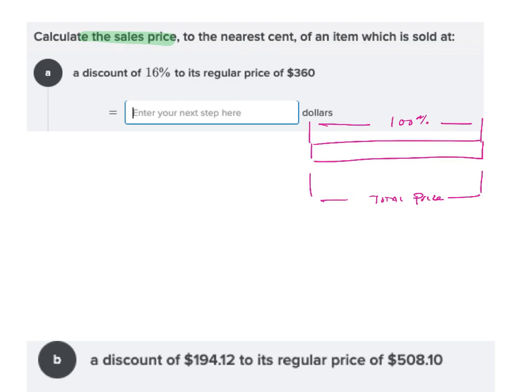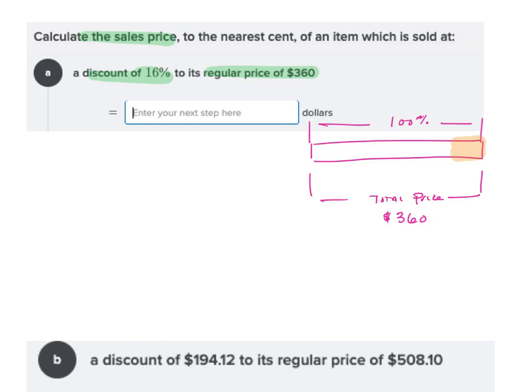And they say that we get a discount of 16%. And the regular price is $360. So that means our total price was $360. And they say we get a 16% discount. A discount is when they take it off of the original price.